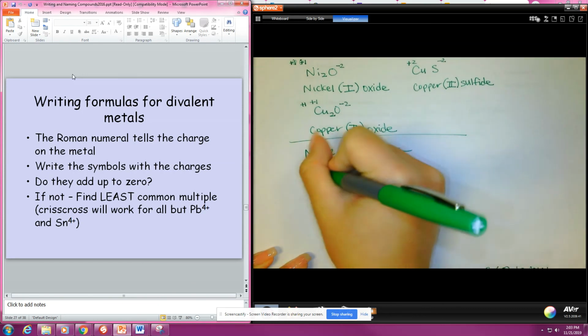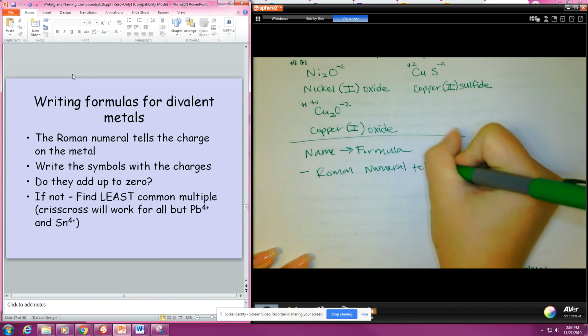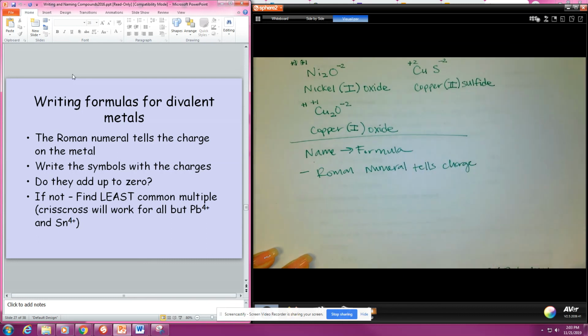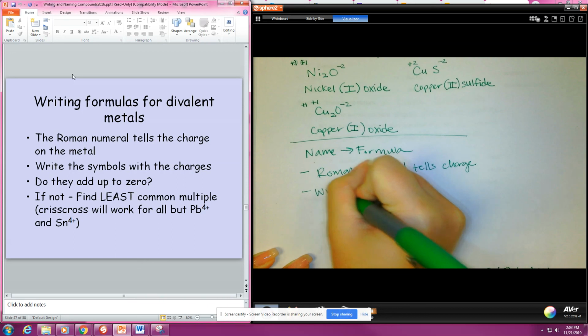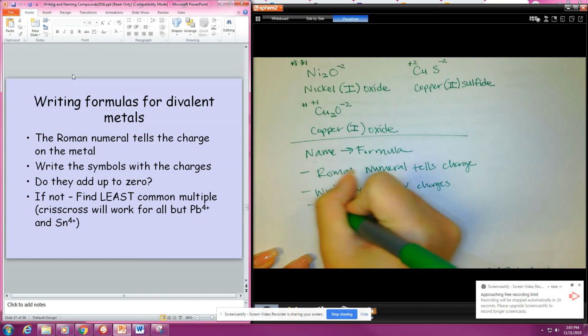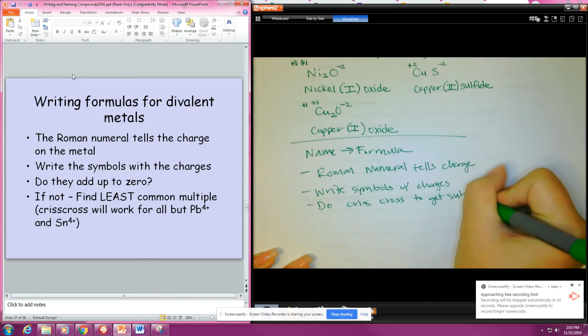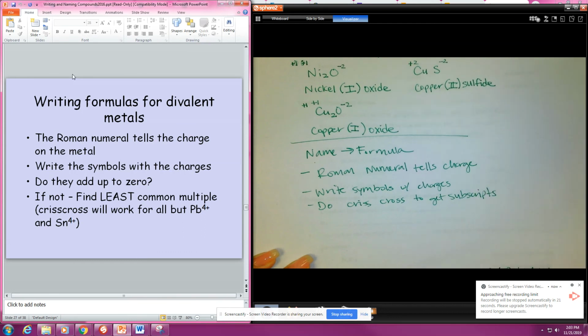Okay, so Roman numeral tells you the charge of the transition metals. You're going to write the symbols with charges and then do the crisscross to get the subscripts. And don't forget that sometimes after you crisscross, you have to simplify.